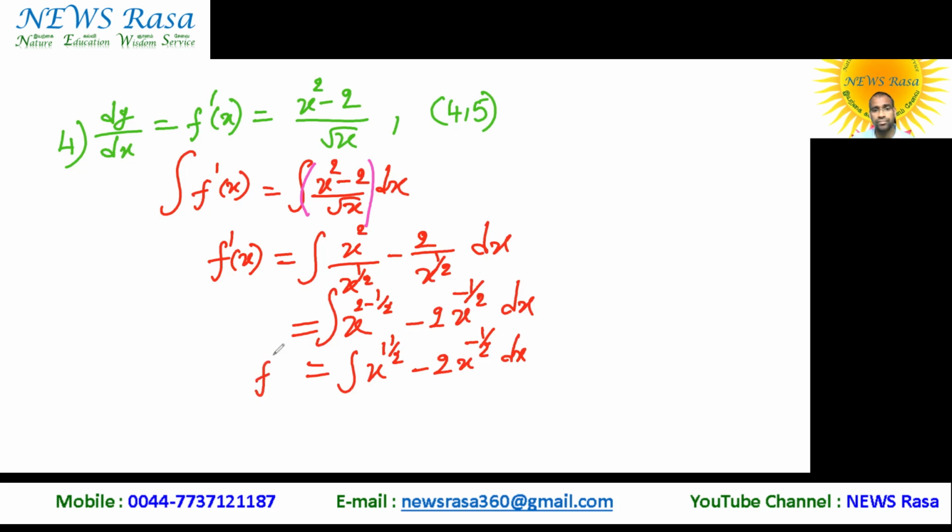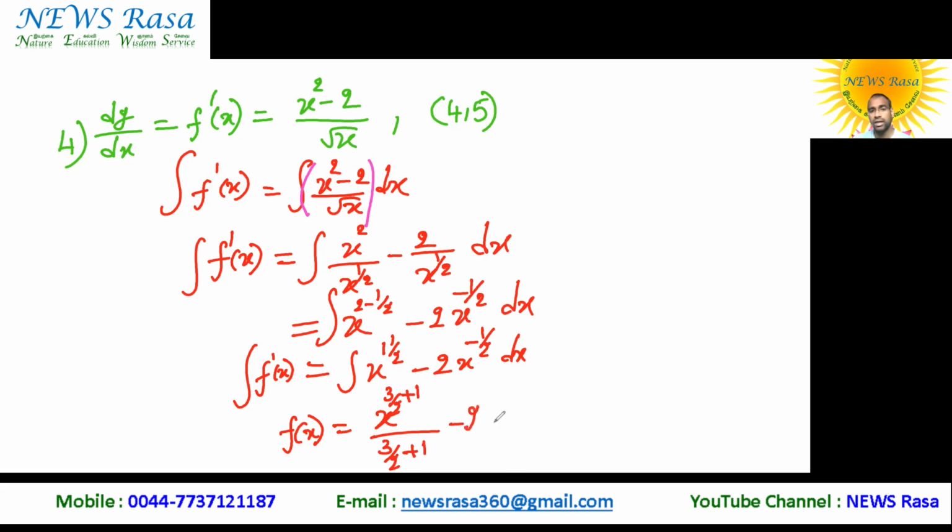And this is still the integral of f dash of x. Then I'm now ready to integrate it, right? So I have x to the power of 3 over 2, because 1.5 is 3 over 2, plus 1 whole thing divided by 3 over 2 plus 1.